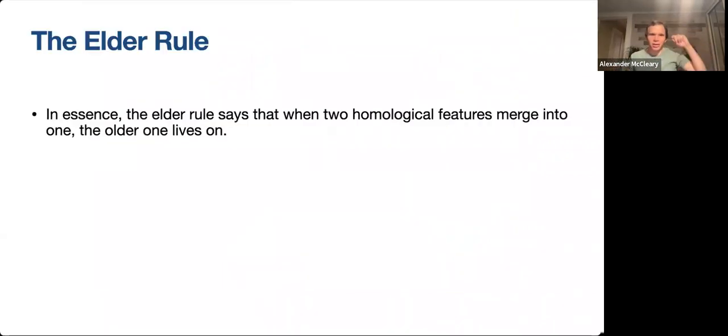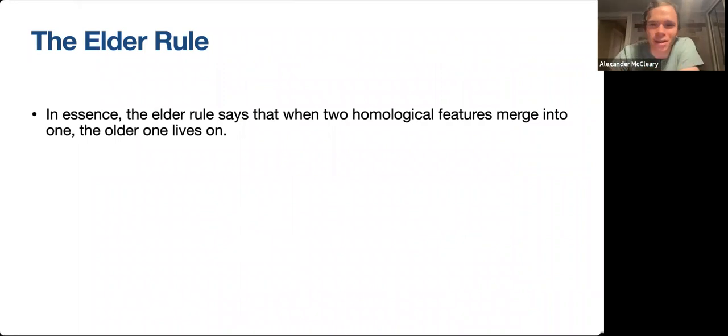Okay, so let's look at another invariant for multi-parameter persistence. And this is going to be based on the Elder rule. The Elder rule is sort of a philosophical thing in persistence that oftentimes doesn't get baked into the definitions, at least explicitly.